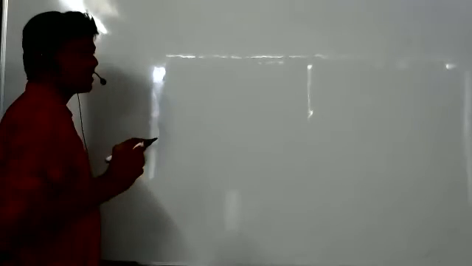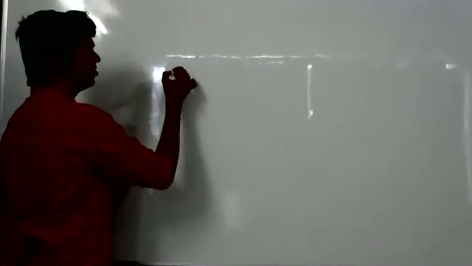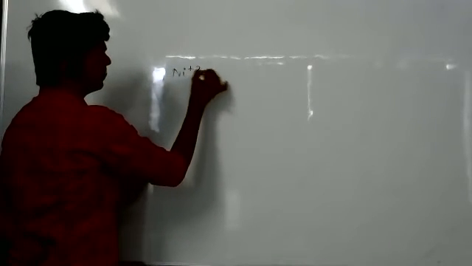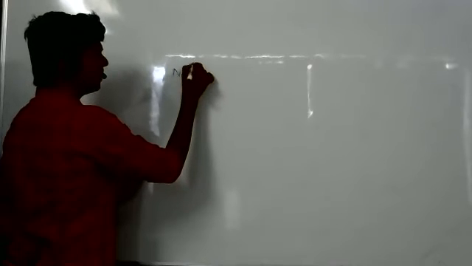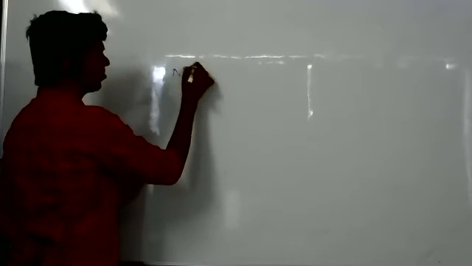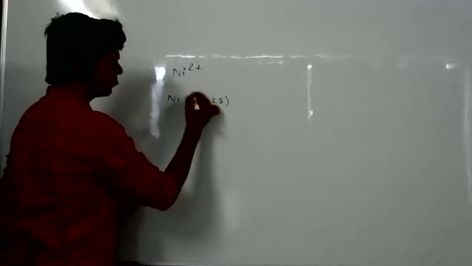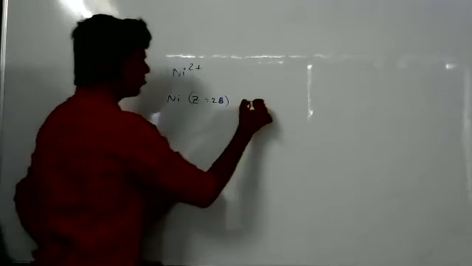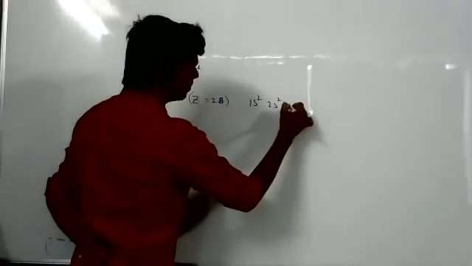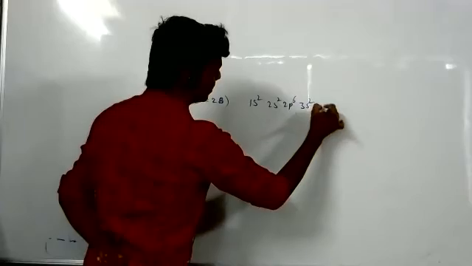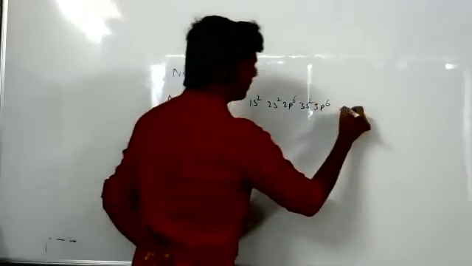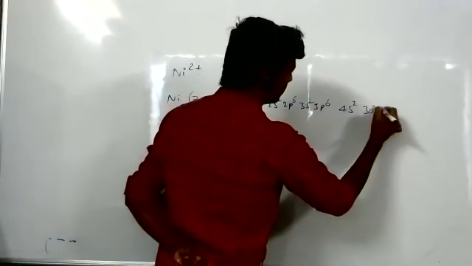See how to calculate this. Mostly 12th standard students also make simple, silly mistakes here. Nickel 2+ ion. First write the electronic configuration for nickel: 1s2, 2s2, 2p6, 3s2, 3p6, 4s2, 3d8.